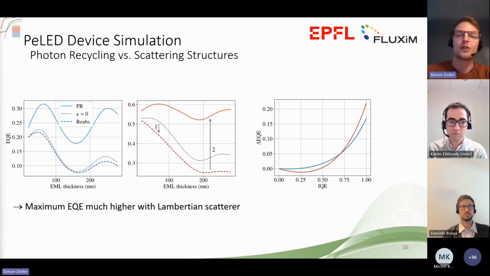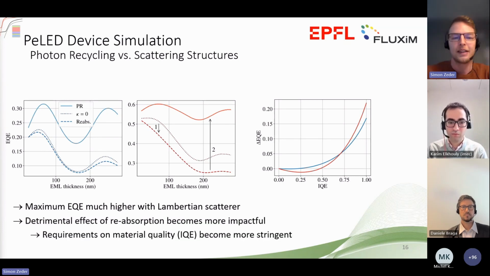Since the scattering surface already kind of steals some of the beneficial effects from photon recycling, the material requirements for reabsorption to become a beneficial effect actually increase compared to the perfectly flat case. So here, for example, to almost 50% EQE for the perovskite.